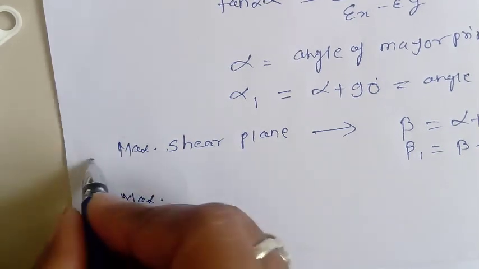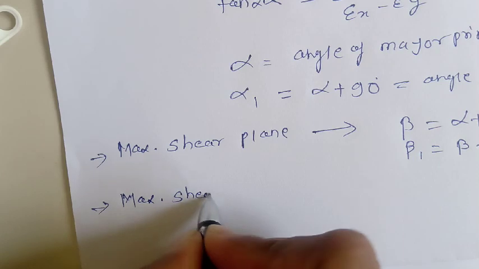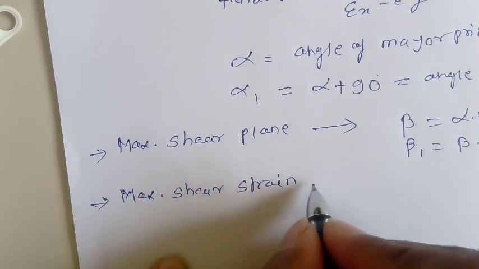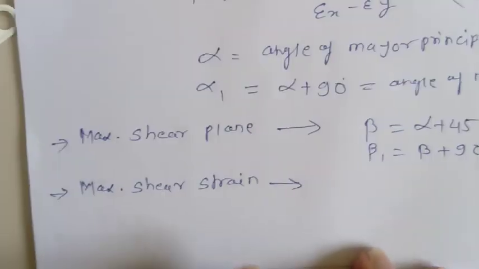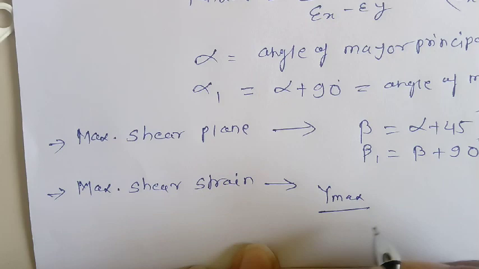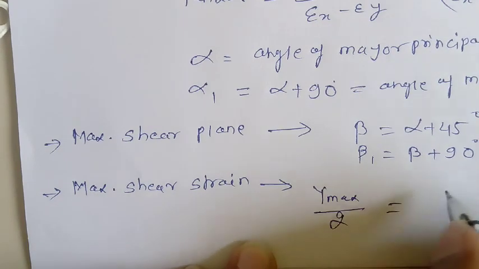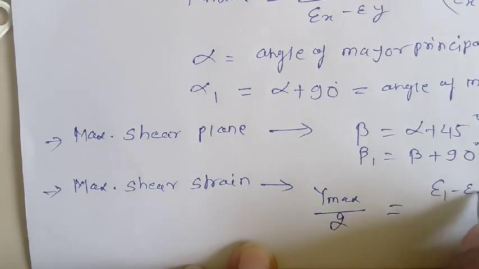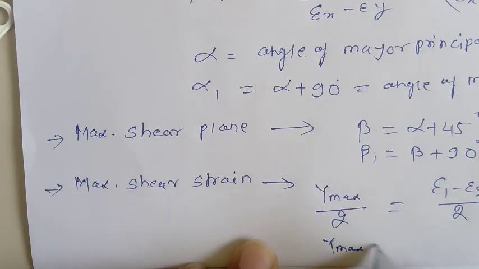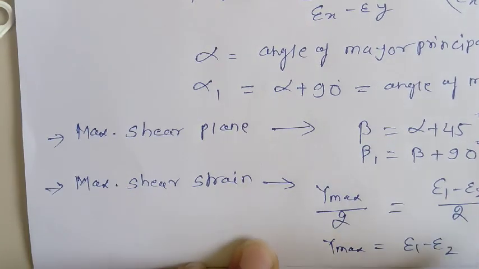The maximum shear strain can be calculated with this formula: gamma max by 2 is nothing but epsilon 1 minus epsilon 2 by 2. So gamma max is equal to epsilon 1 minus epsilon 2.